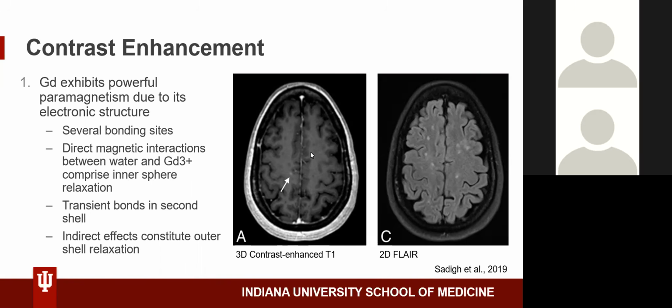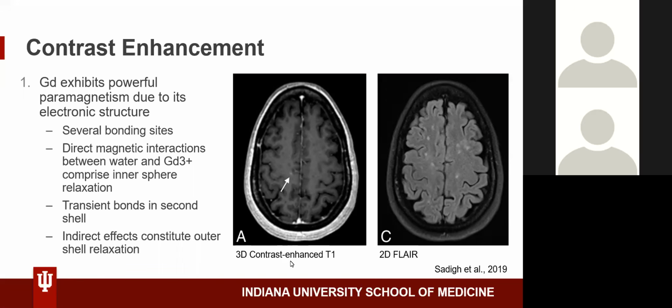And over here is just an example of one of the benefits of using these gadolinium-based contrast agents, where you can see on the left-hand side, you've got a 3D contrast-enhanced T1 weighted image, and on the right-hand side, 2D FLAIR. This would be in a patient that has multiple sclerosis. These types of patients, over the course of the progression of their disease, can have a lot of these MR images.